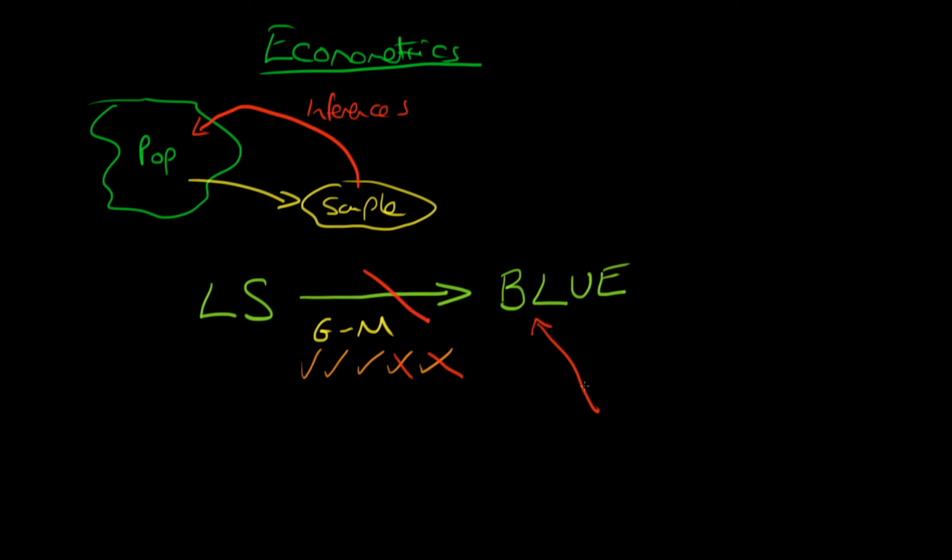When that happens, we need to think about a whole new class of estimators, which may be BLUE, or may be just consistent estimators, which is another good property for an estimator to have. We're going to cover estimators like IV, GLS, and maximum likelihood. We may also go a little bit into GMM, although that's really going to be in the second half of the course, the more graduate part of the course. So this encompasses the entirety of the undergraduate econometrics course which I'm going to be offering.